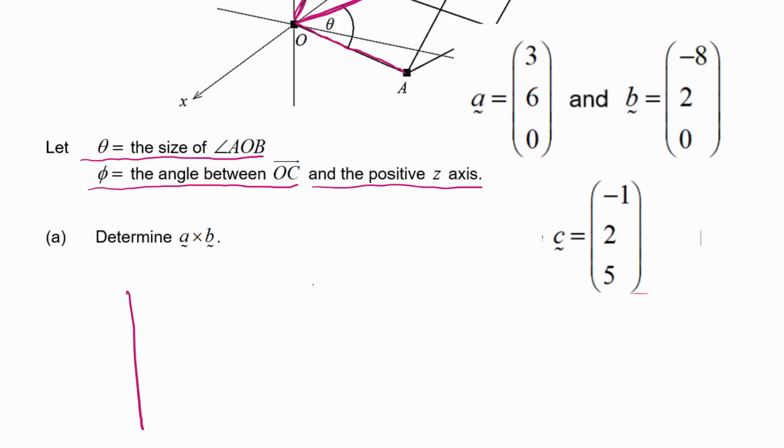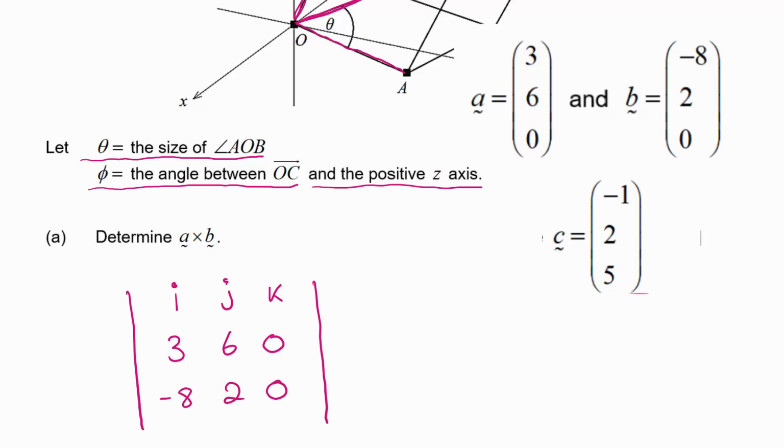I like to do it using a 3x3 determinant. So ijk goes in the top, and then A would need to go second, and then B goes in the bottom.